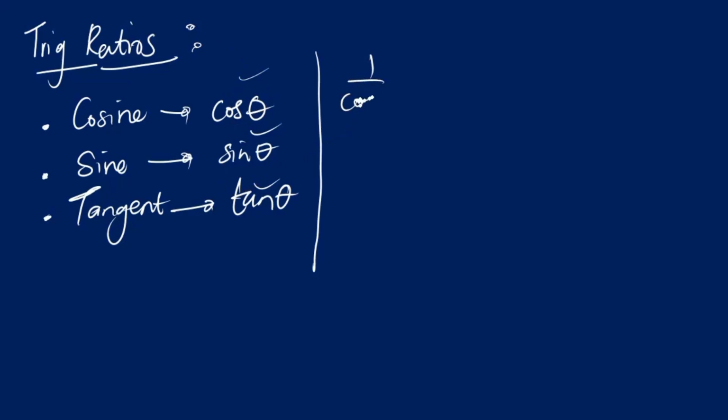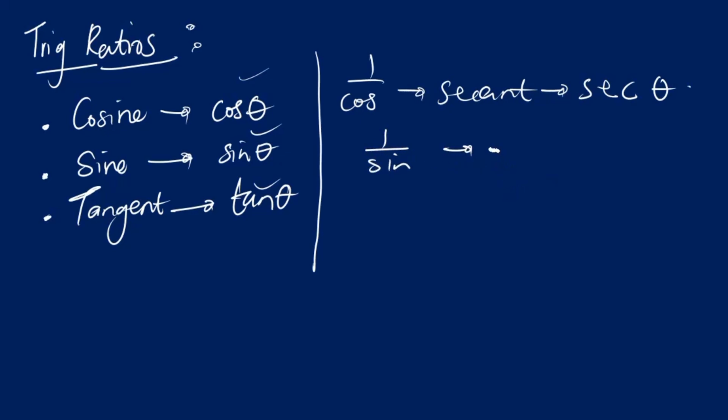So you have 1 over the cosine. We call this the what? The secant. To write that we write sec of theta, right? And then we have 1 over the sine. 1 over the sine, we call it the what? The cosecant. How do we represent the cosecant?